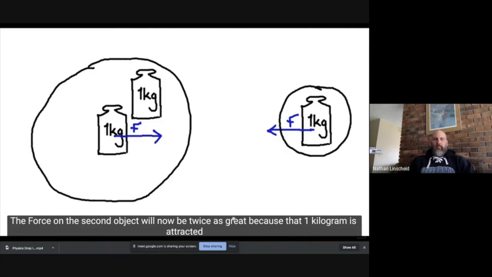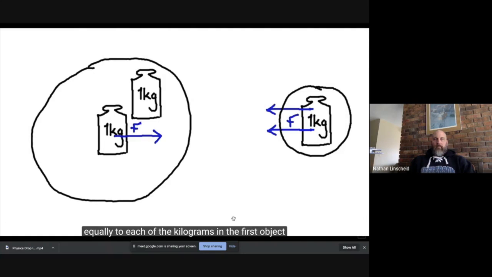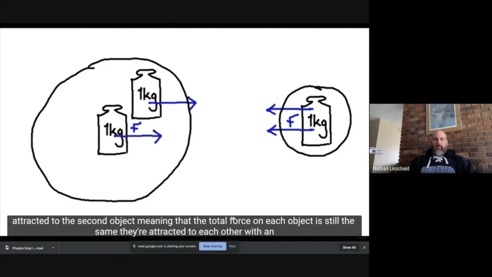The force on the second object will now be twice as great because that 1 kilogram is attracted equally to each of the kilograms in the first object. But what is often forgotten is that the new kilogram is also attracted to the second object, meaning that the total force on each object is still the same. They're attracted to each other with an equal and opposite force.